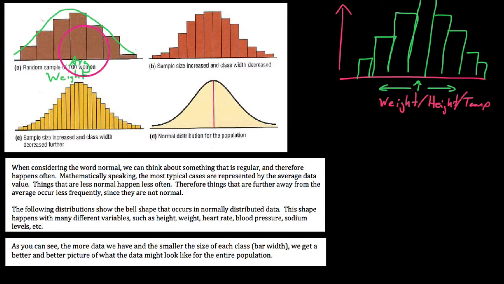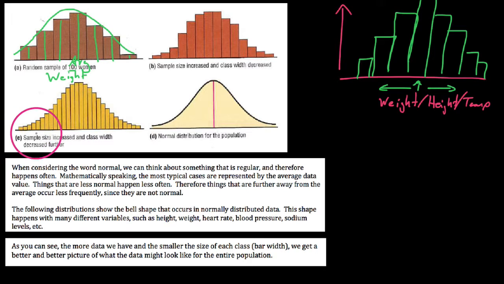Basically, what we want to do is use this idea that if we were able to collect more women in the sample, more than just 100, we would have more data. And if we were to split the class sizes in half so that we have more classes, the more classes you have and the more data you have, the better picture you have of the overall weight of the class of women in general. So with increased sample size and decreased class width, we get a better picture.